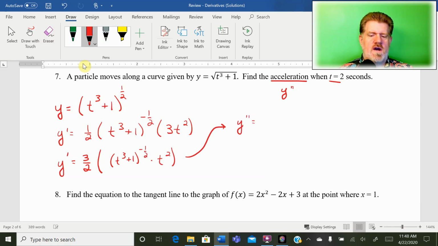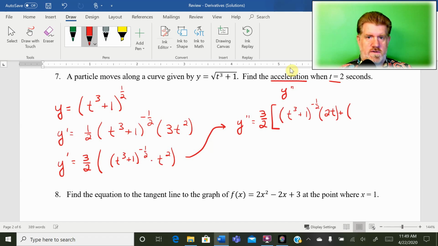It's going to require a product rule with one of these. So the 3/2, again, is a constant. It's going to stay. So here we go. It's going to be the first function times the derivative of the second function. The derivative of t squared is 2t, plus, now we're going to reverse it, the derivative of the first function.